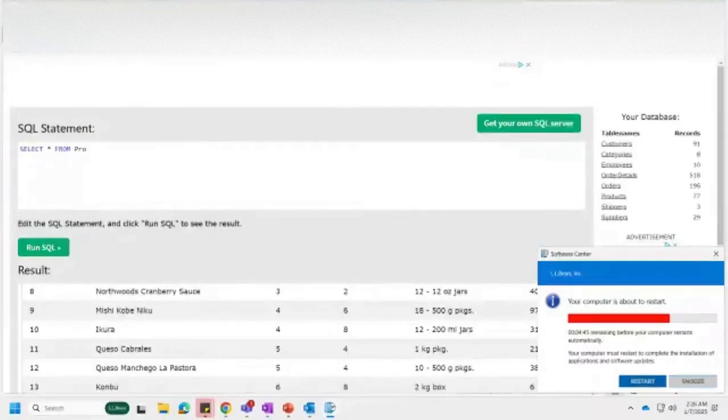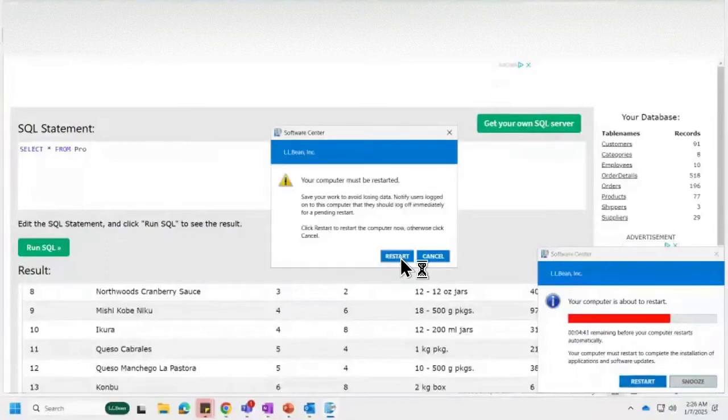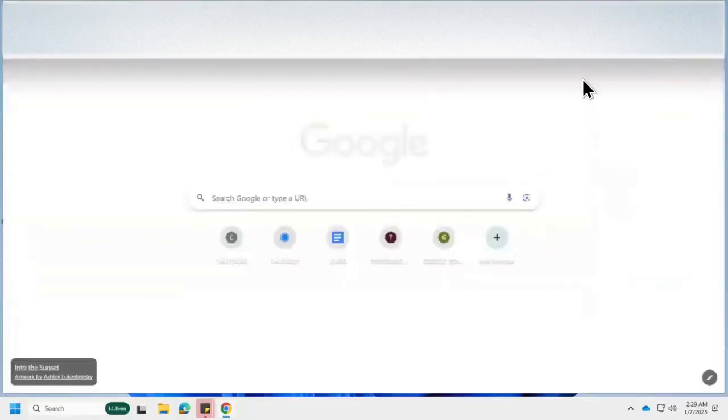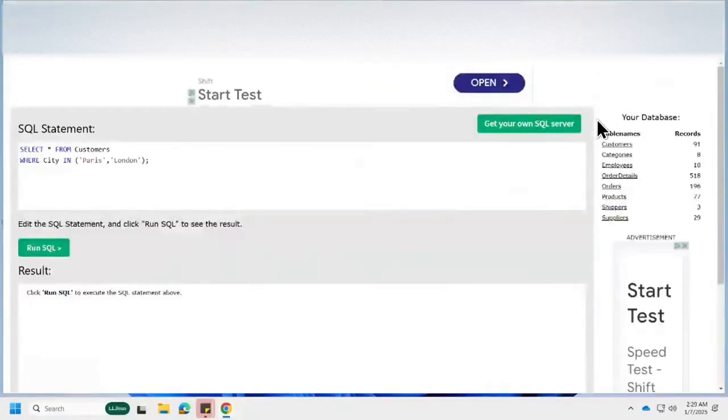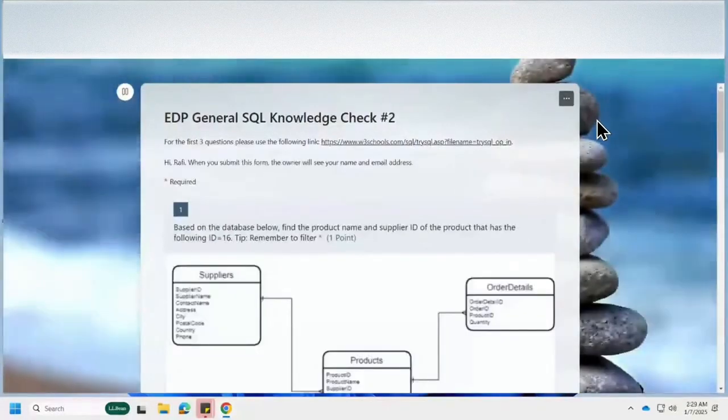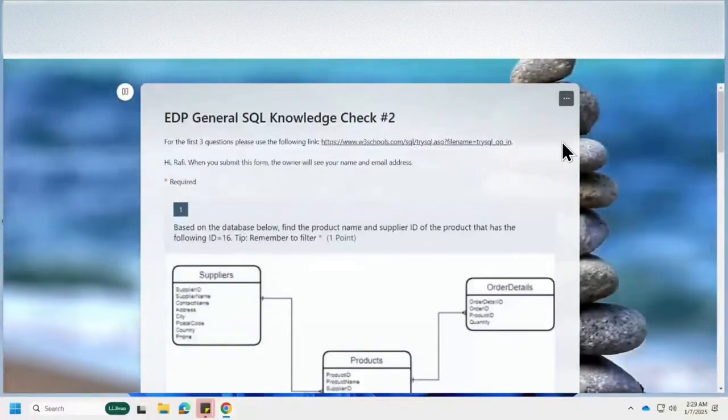I think I have to restart the computer. Okay, I will do that. So slow, so bad. My internet here is terrible also. Can you see it now?